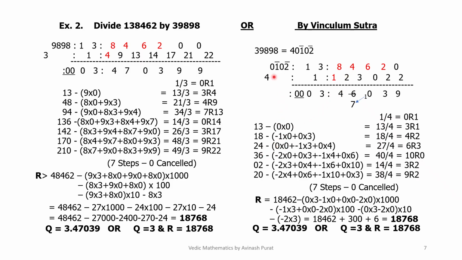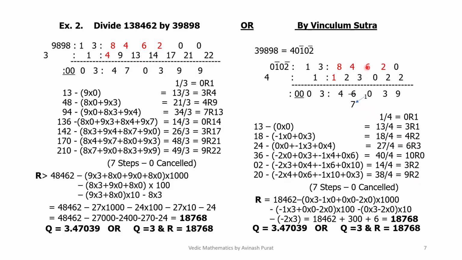24 minus 0 into 0 minus 1 into 3 plus 0 into 4, that is equal to 27 divided by 4 equal to 6 is quotient and remainder is 3.